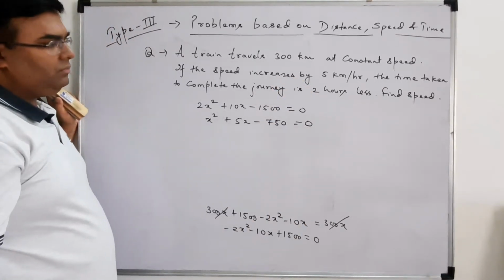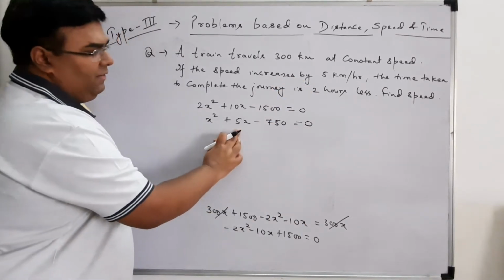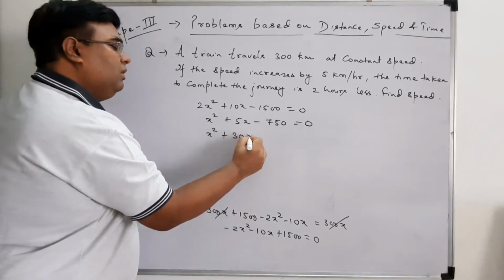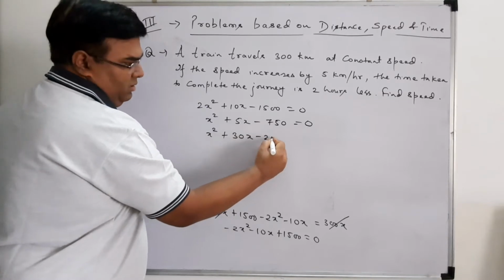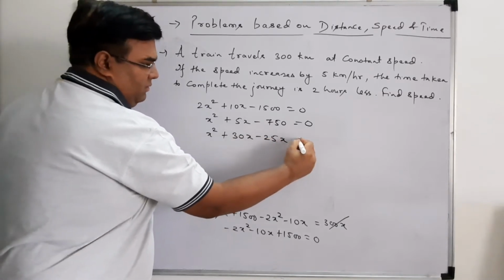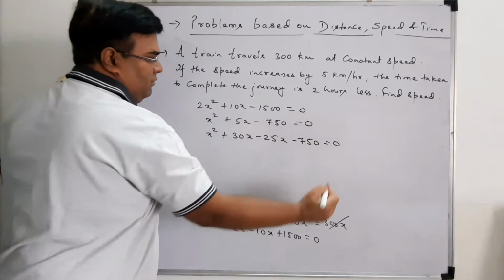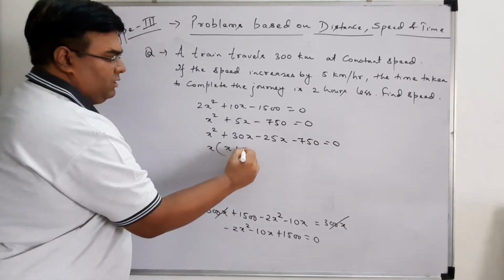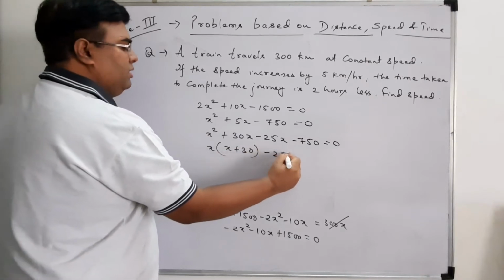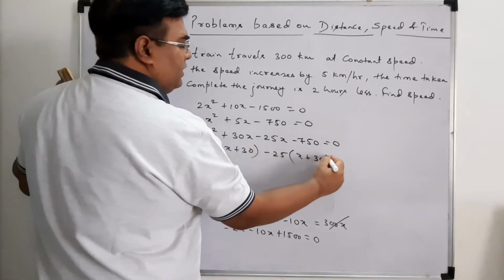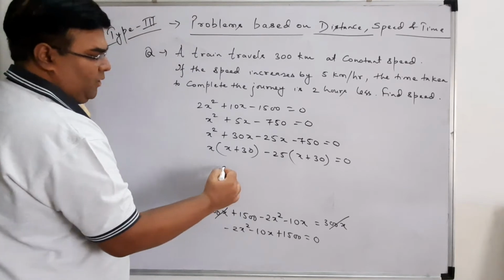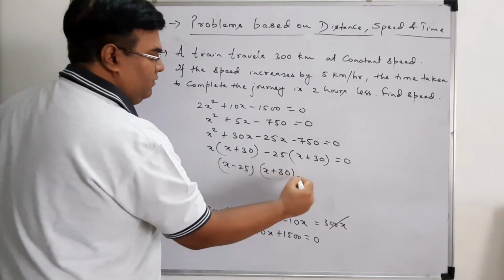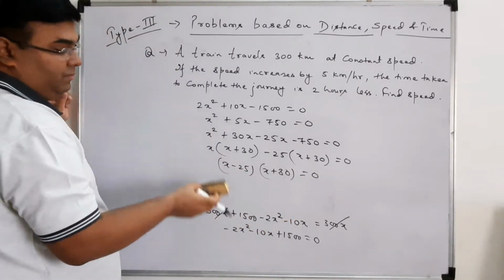Correct? Now we need factors of 750 that differ by 5, which are 30x minus 25x. So x plus 30 minus 25 x plus 30, so x minus 25, x plus 30 is equal to 0.